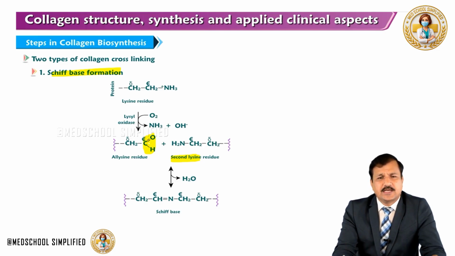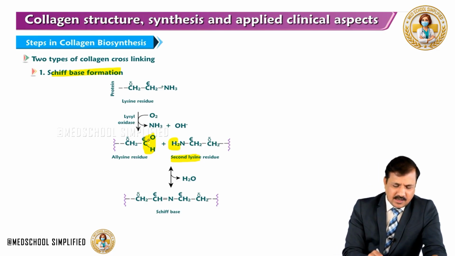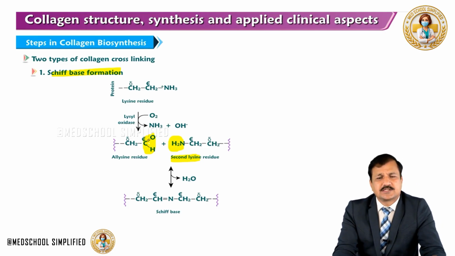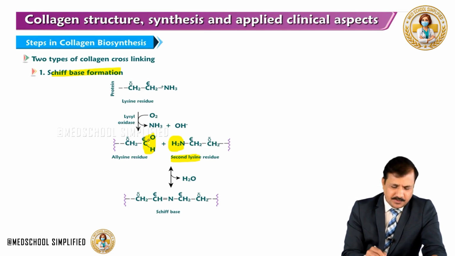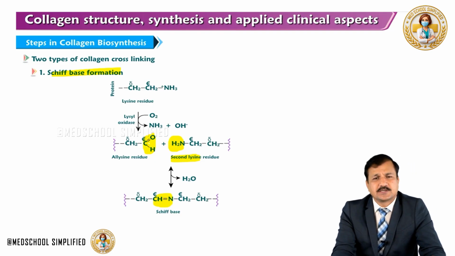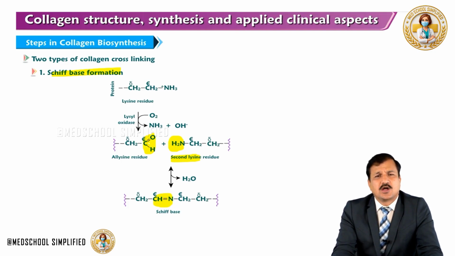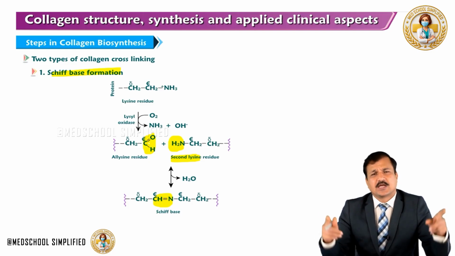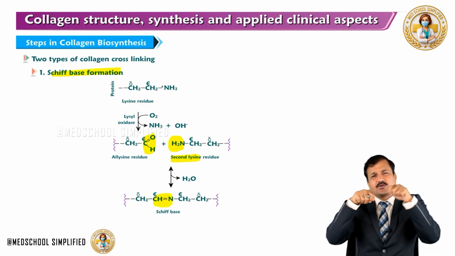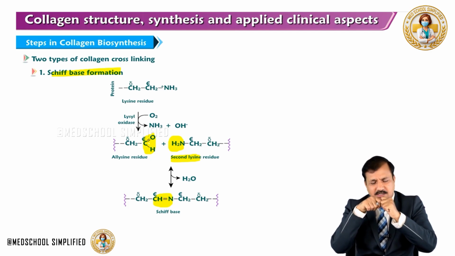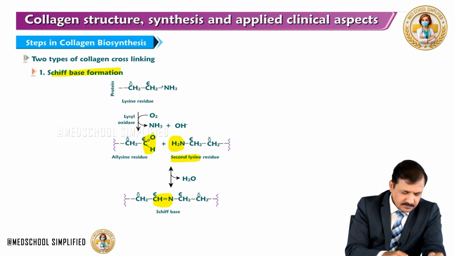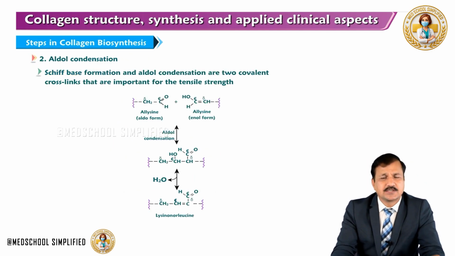The unmodified lysine has an amino group in the side chain, and that amino group is going to interact with the aldehyde group, making a Schiff base. The Schiff base is a strong covalent linkage, and that means two chains are tied together with a strong bond. That's one type of collagen cross-linking.